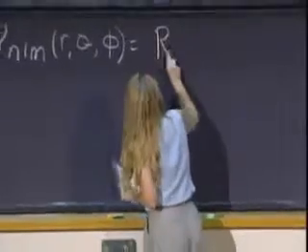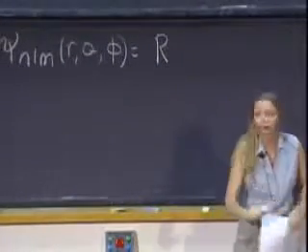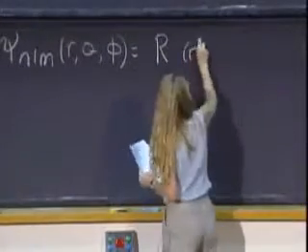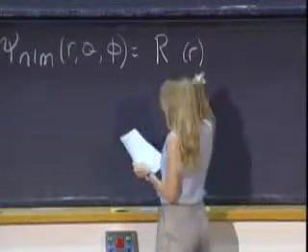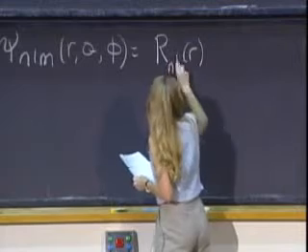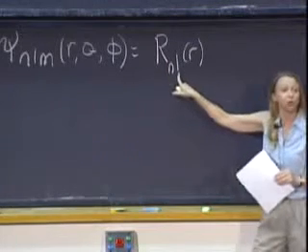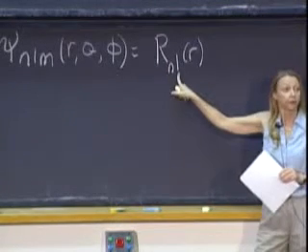The function that is a function only of r is called the radial function. We'll call it capital R, radial function of r. It is labeled by only 2 quantum numbers, n and l.